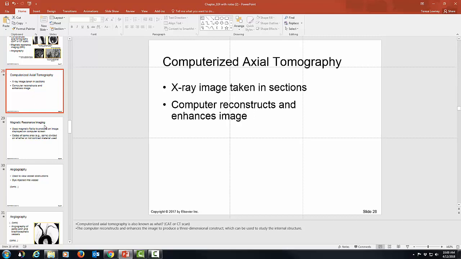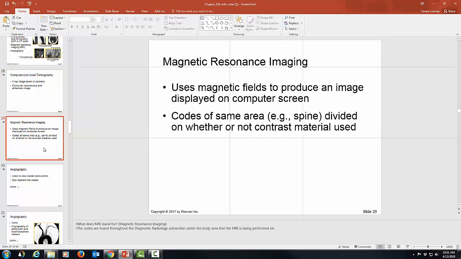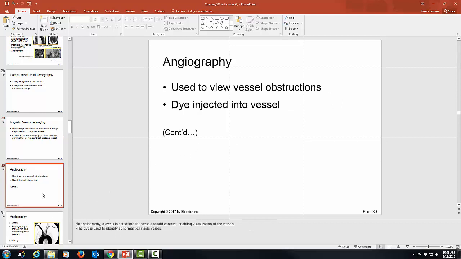So, for example, if you did this to produce a three-dimensional construct, which can then be used to study the internal structure. So it's pretty amazing the way this all can work. The magnetic resonance imaging, MRI, again, we've already talked about that, but you need to know whether or not you're using contrast. Angiography, used to view the vessel obstructions.